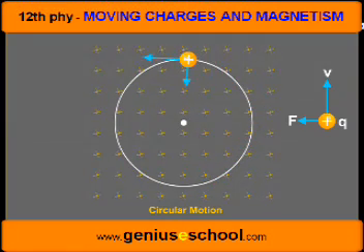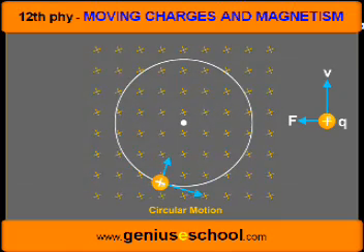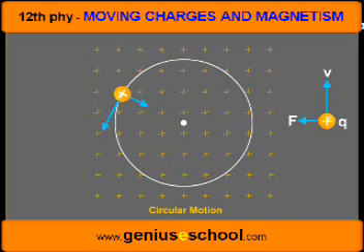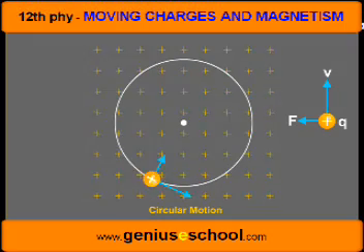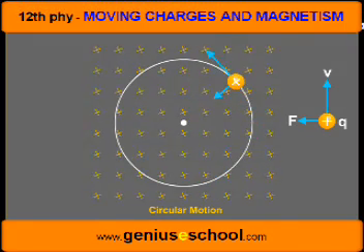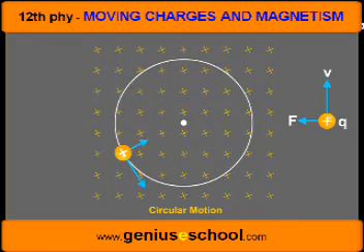The perpendicular force q(v × B) acts as a centripetal force and produces a circular motion perpendicular to the magnetic field. The particle will describe a circle if v and B are perpendicular to each other.